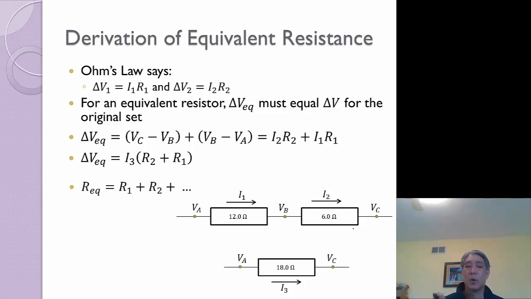So I end up with an equation that says the equivalent resistance times I is equal to I2 times R2 plus I1 times R1. Because all my currents are the same, I can replace those two resistors with a single resistor that is the sum of the individual resistances. So the equivalent resistance is just R1 plus R2 plus dot, dot, dot.